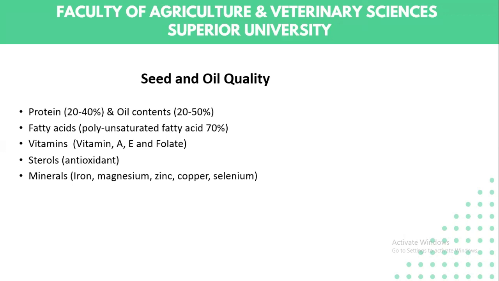The sunflower grown for confectionery and roasting purposes may contain up to 30% protein and 30% oil content. So it depends upon the variety you are going to grow.